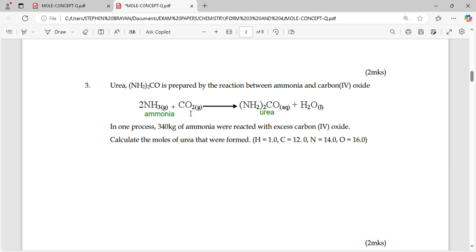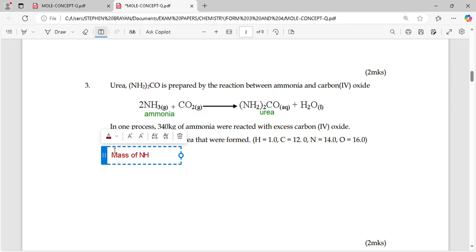Now, we are saying in one process, 340 kg of ammonia was reacted with carbon dioxide. That is the first thing that you're going to note that we've been provided with: the mass of ammonia.